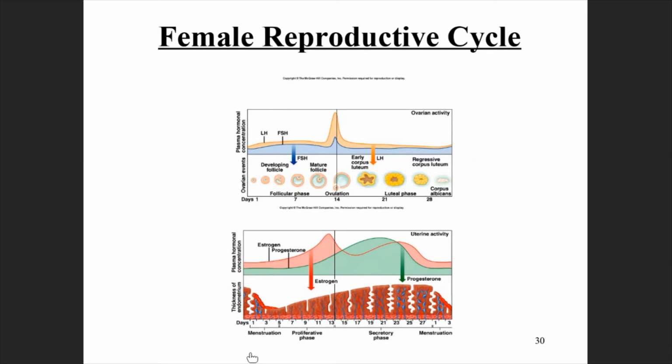Okay, so at the end of oogenesis, if there's fertilization, you get your cell that has everything, all the mitochondria and major cytoplasm. That's the major cell. And the other cells, which are very small, are the polar bodies. And the polar bodies are a way for the body to get rid of the extra chromosomes.